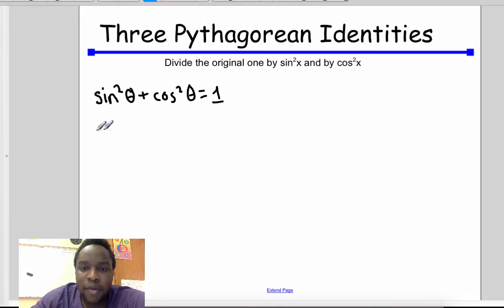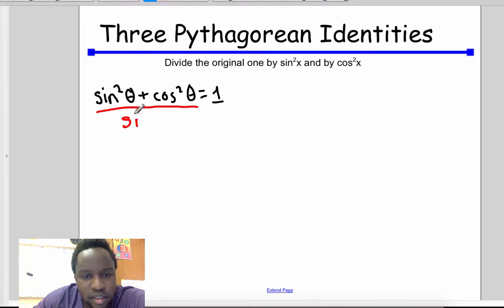And then I'm going to divide both sides of the equation by sine squared. By doing this, I am not changing the values of the sides, but I'm using some algebraic manipulation. So if I divide by sine squared theta on both sides, I'm going to have to apply the sine squared theta to both of these.